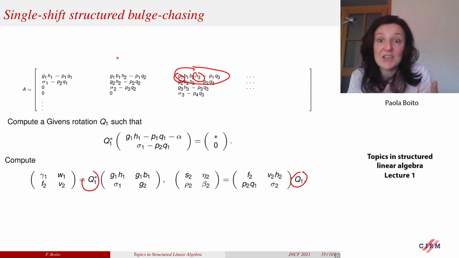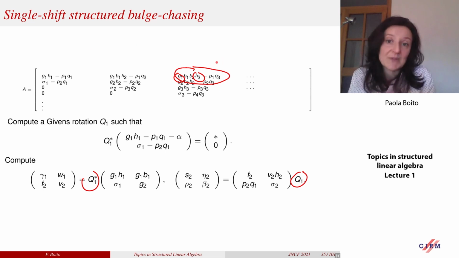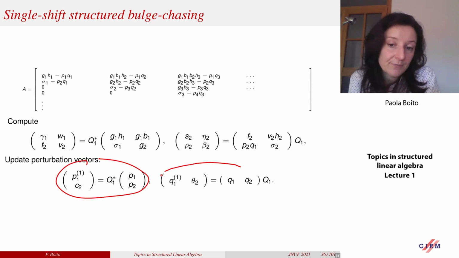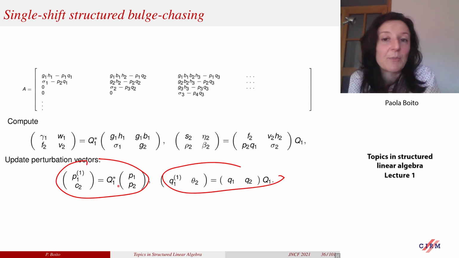As input of each iteration, we have the generators of the matrix, and as output, the updated generators of the new iterate. And then, of course, we also update the perturbation vectors. This is easy because we just apply Q and Q star.